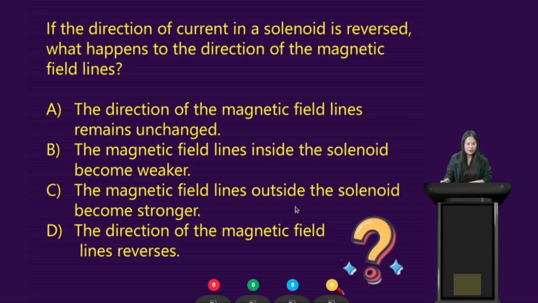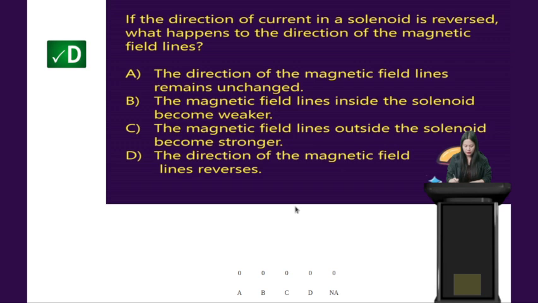Alright, students, your time is up, and yes, very good. The correct answer for this question is option D, that is, the direction of the magnetic field lines reverses. We have seen that the end where the direction of current is anti-clockwise is the north pole, and the end where the direction of current is clockwise is the south pole.